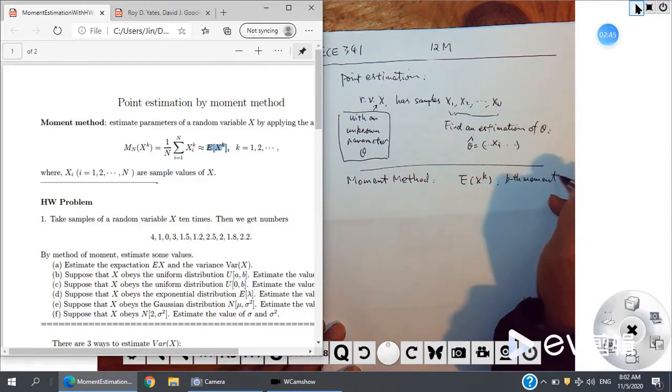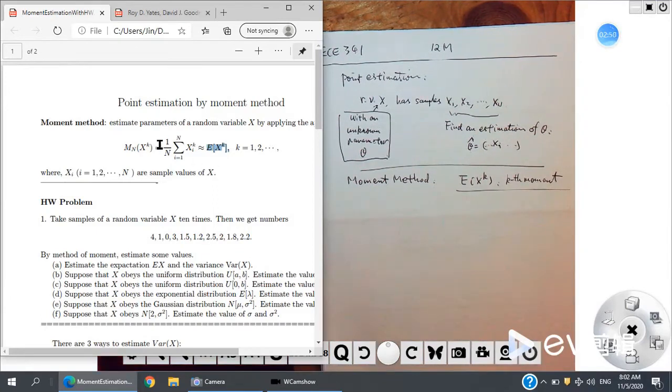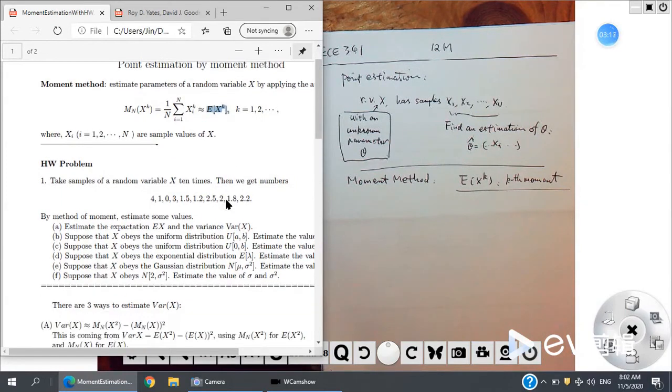We use a kind of average, the mean value of x to the k over the n symbols, and this is a value you can calculate based on the symbols. When you have the symbols, you can calculate and you have a number. You want this number equal to this moment, then you can solve for theta. So this is the moment method.